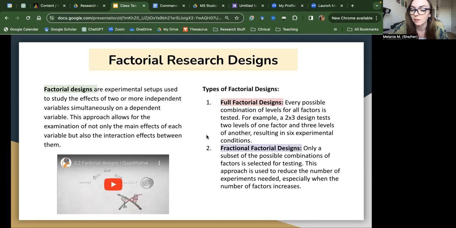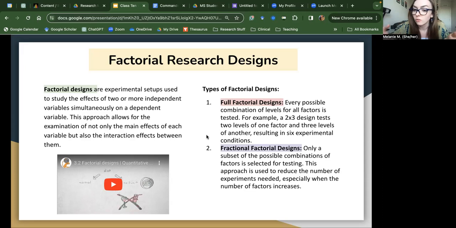The 2 types we're going to cover are full factorial designs, and this is where every combination of all of the levels is tested. So in the example she just used, that would be if she was looking at low, medium, and high dosage of migraine medication for men and for women, and then also looking at diet within each of those groups, that would be a full factorial design.